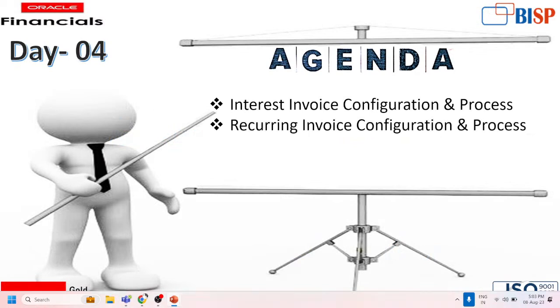In day 4, the agenda of today is interest invoice configuration and process, then recurring invoice configuration and process, then FBDI supplier conversions. That is bringing the supplier details from legacy data. So how the things are performed in the application we will see in today's session. So let's move to the next slide.